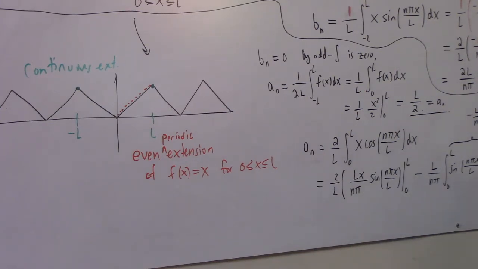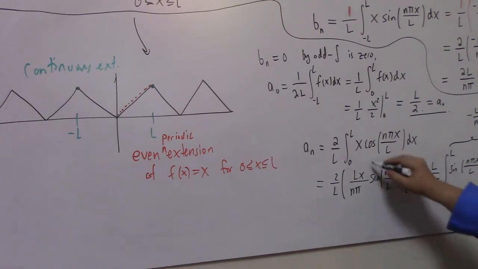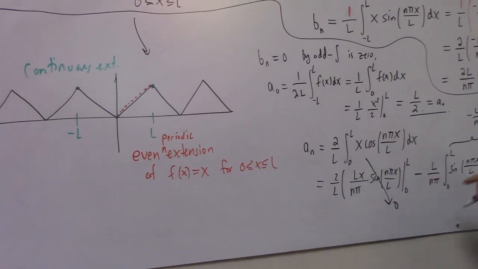Well, this piece goes away, and these L's cancel, so you're left with 2L over n squared pi squared, and then cosine: the upper bound gives me minus 1 to the n, the lower bound gives me 1.